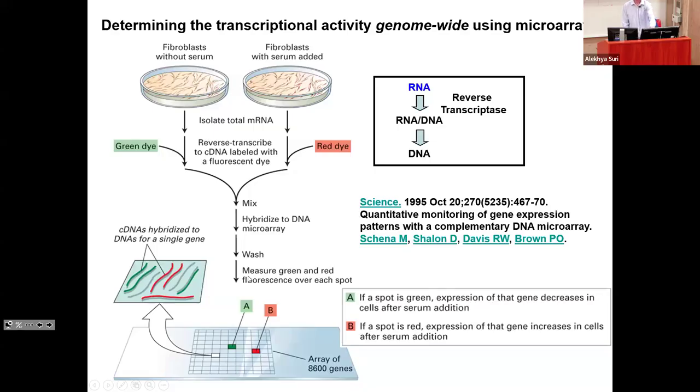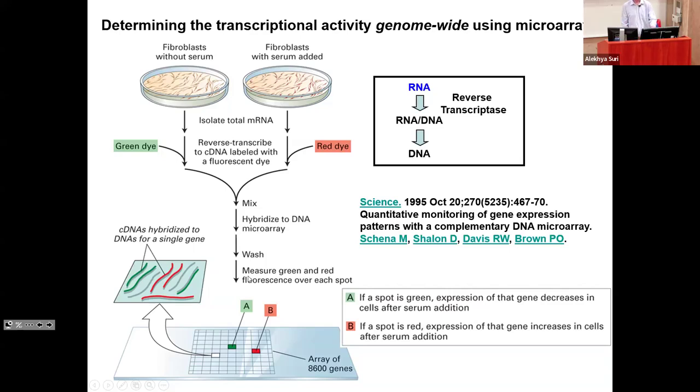You remember. Then you have two different labeled DNAs that you will hybridize to the microarrays. Microarrays are on a glass support. You can print the little DNA fragments representing all the different genes. So on a small area, you have all genes, for example, of the human genome.